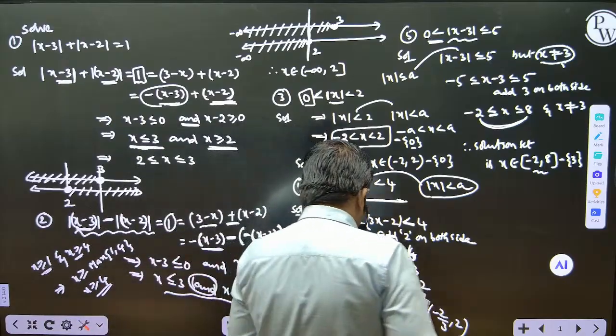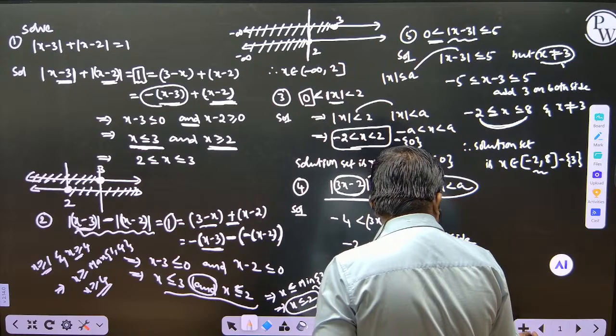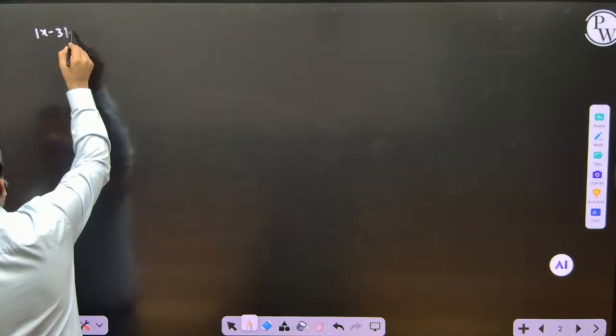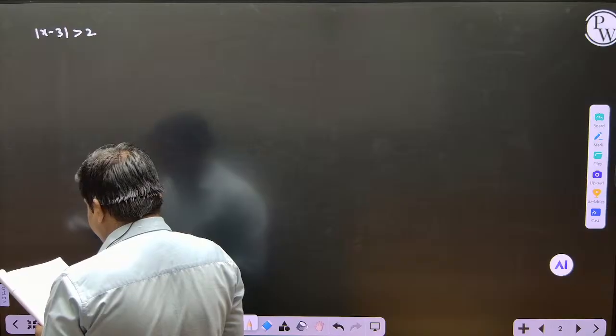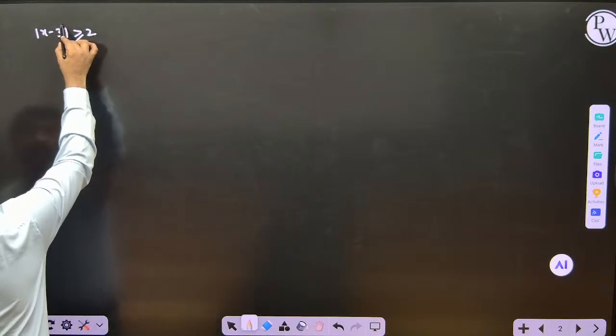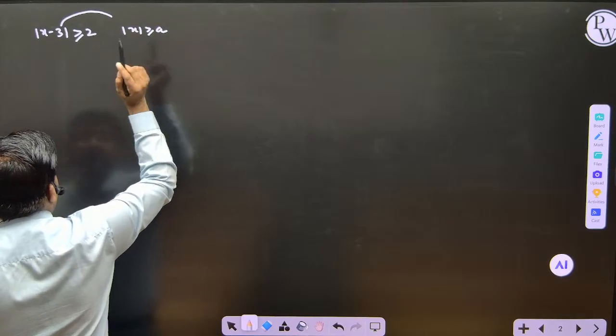Okay, next question. Modulus of x minus 3 greater than or equal to 2. This also looks like which form? Modulus of x greater than or equal to a form.